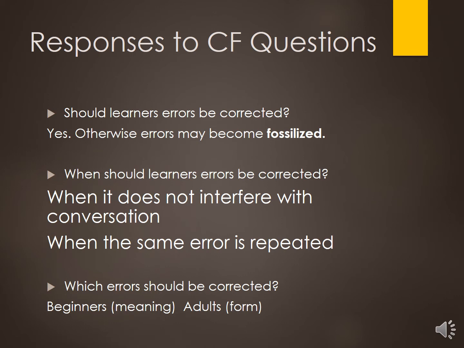If they're repeating the same error, we absolutely want to make sure that we get at it, because once again, we don't want it to become fossilized. So which errors should we be correcting? Really, with our younger students, it's about meaning. With our older learners, adults, it's more about form and grammar.